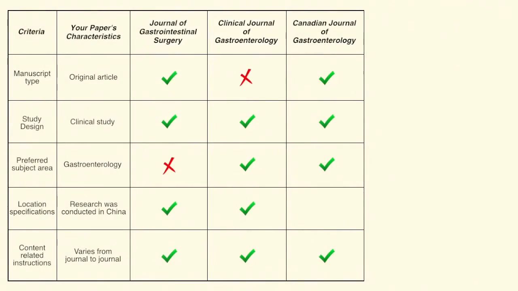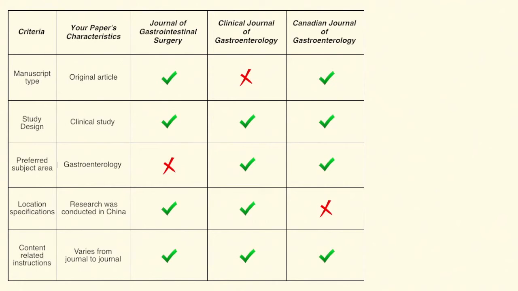As the name says, Canadian Journal of Gastroenterology. But note that this is specific to this journal. Not all journals that have a country name publish work from only those countries. But in this case, it happens to be this way. So the Canadian Journal of Gastroenterology prefers research carried out in Canada to be reported. So there is a bit of a mismatch in the location aspect.